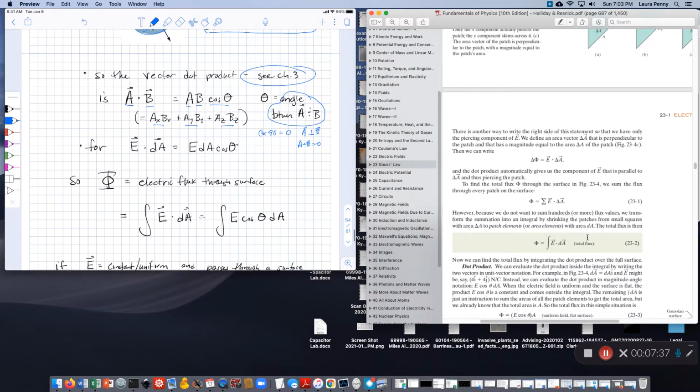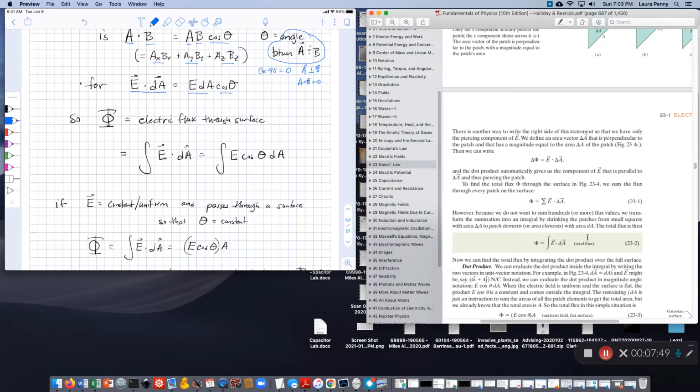If we have E dot dA, what we end up with is, again, the magnitudes of these times the cosine of the angle between them. And so an electric flux through a surface is, although we write it like this, it's usually really more like this, and even then things are going to probably simplify out a little bit.